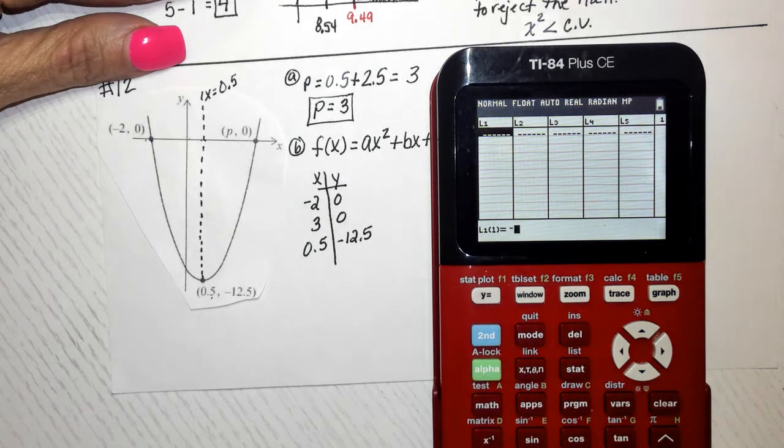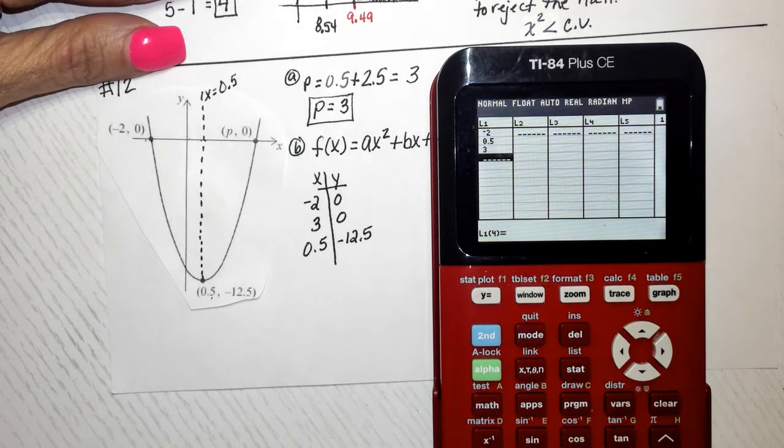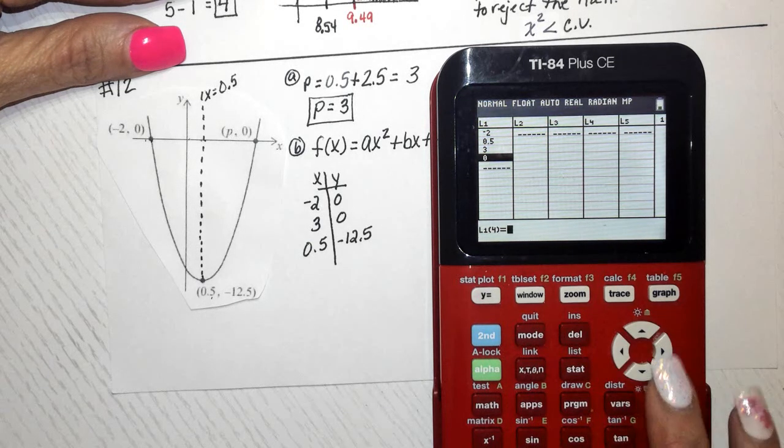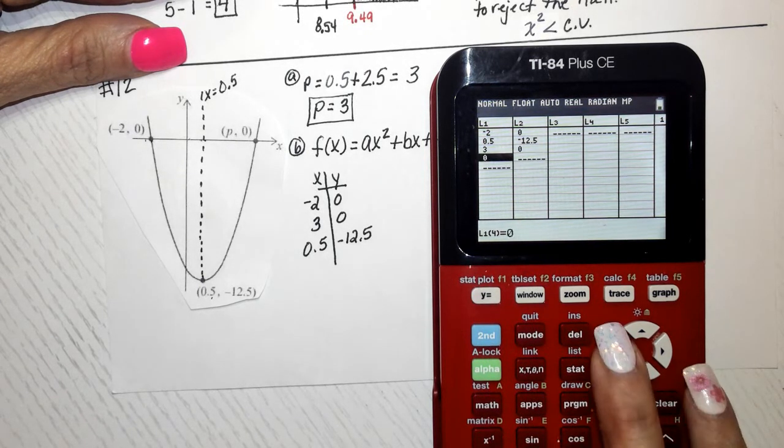So I'm going to go -2, enter, 0.5, enter, and 3, enter. Oh, no, I'm not. Clear that out, delete. There we go. Okay, -2 is 0, 0.5 is -12.5, and 3 is at 0, and then that one I need to delete.